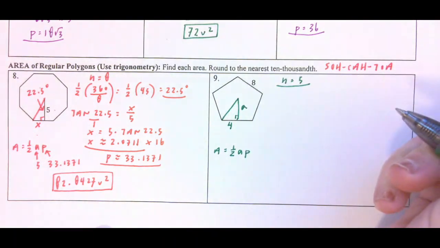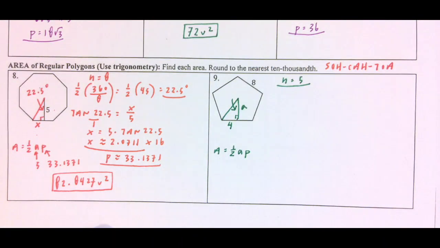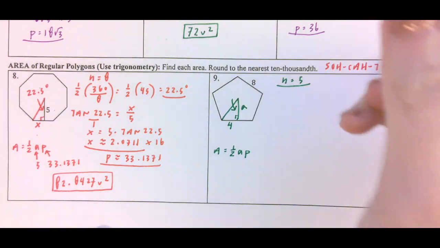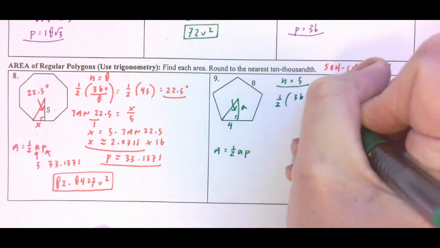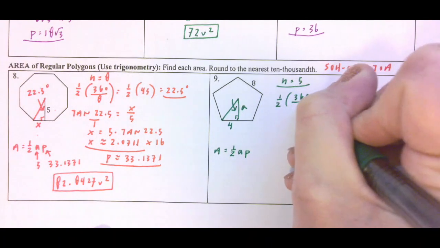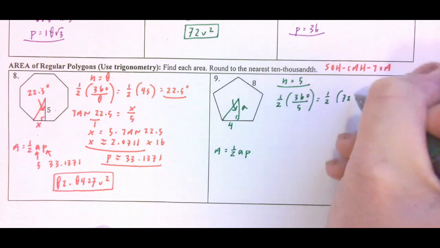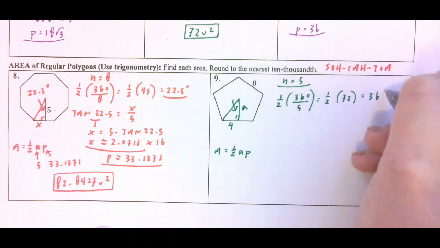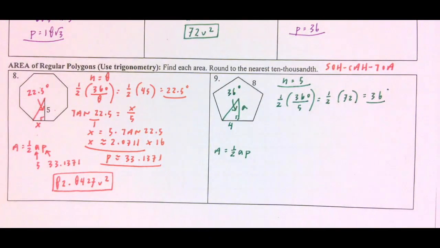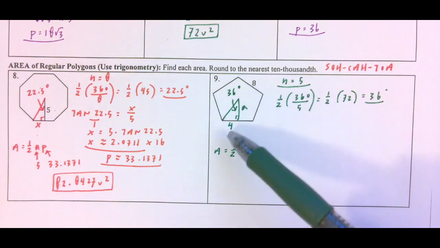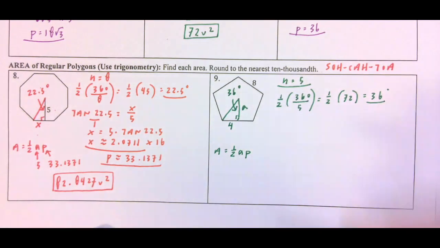Here's my apothem. I still need an angle, and I like half the central angle, so I'm going to find that one. So here I need half of 360 divided by 5. So half of 72 gets me 36 degrees. Okay, so building off of that angle, I have an opposite and an adjacent, so still using tangent.